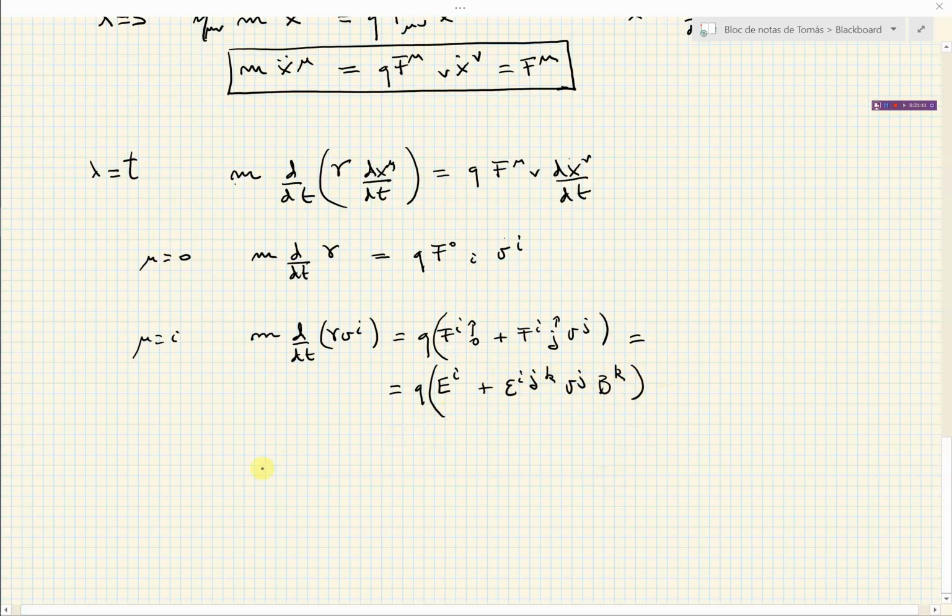So if I write this in a vectorial form, this is d dt of gamma m v, and maybe you want to put the m inside, because this is the conventional way of writing this. And this is q times e plus the vector product of v and b, and this is what is known as the Lorentz force.